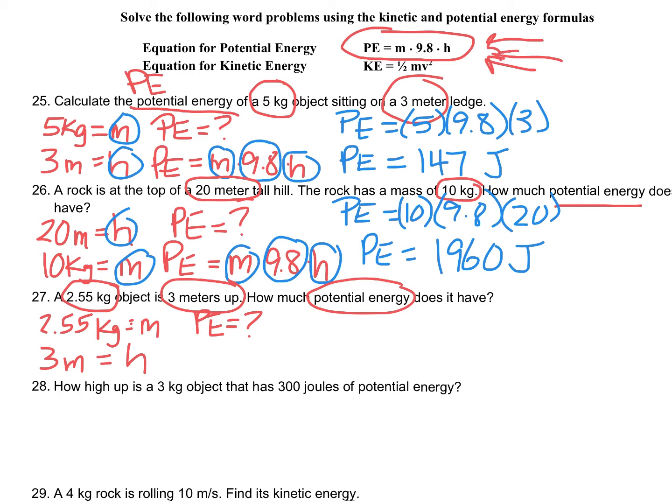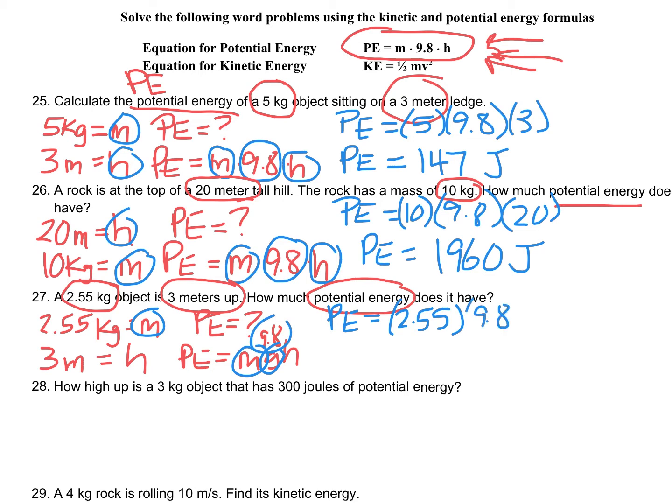We know from the last three problems the equation for potential energy is mass times gravity times height. And remember, gravity is always that 9.8. So let's plug into our equation to solve for it. Potential energy is what we're solving for. Mass is first, and our mass is 2.55 kilograms. Our gravity is next, which is always 9.8.